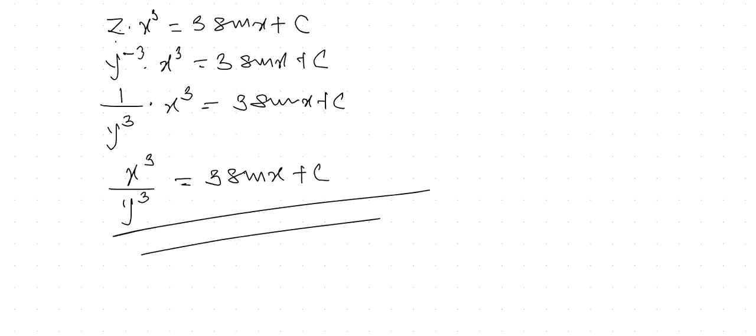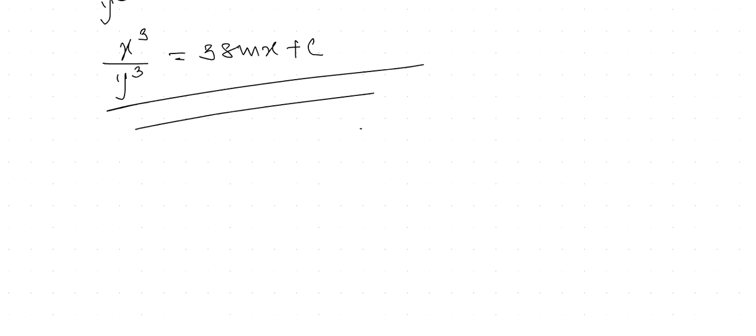Okay, let's take the final example for today. If you have 2y minus 3 dy/dx, which is equal to y raised to the power of 4 e raised to the power of 3x.